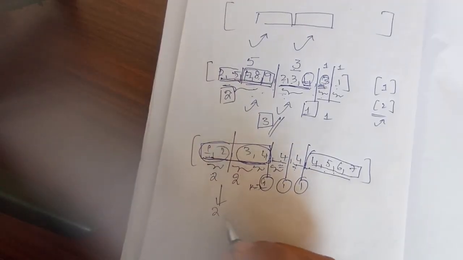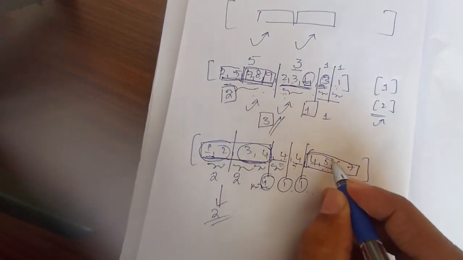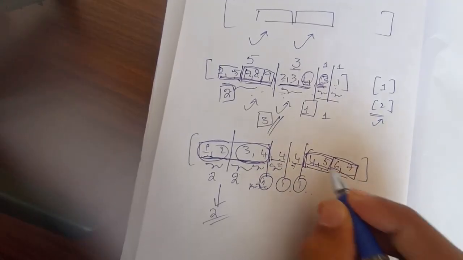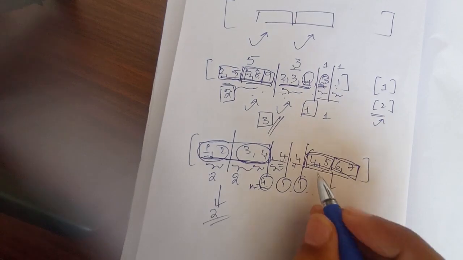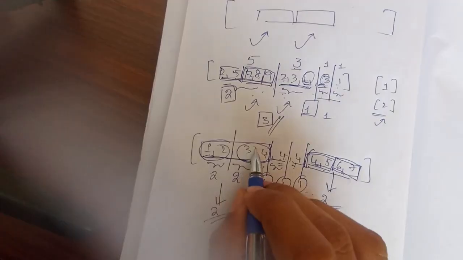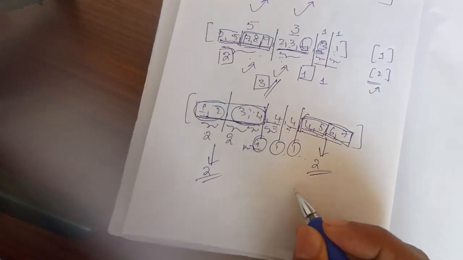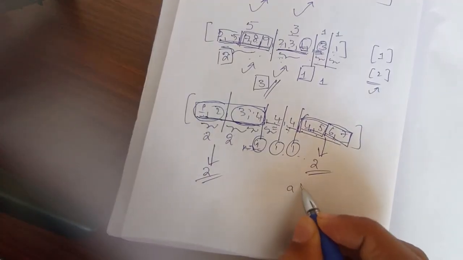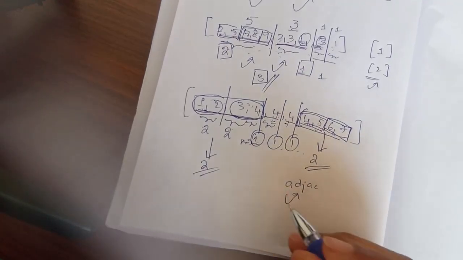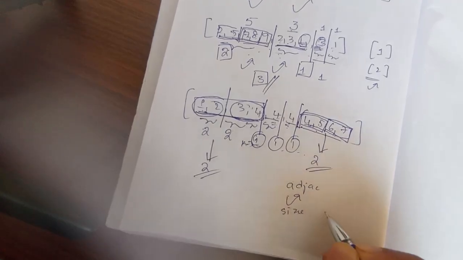So the maximum count here is 2. And if we compare this with another two subarrays in 4 5 6 7, these two are also strictly increasing. The size of these two subarrays is 2, and these two subarrays are adjacent. So we need to remember the point that they should be adjacent and strictly increasing, and also the size should be maximum.